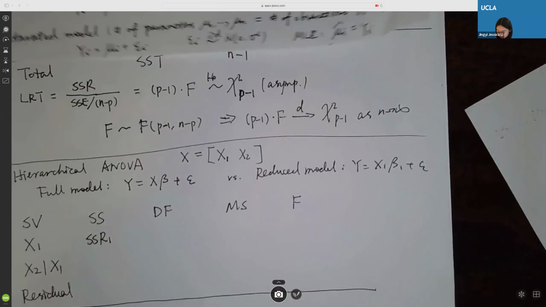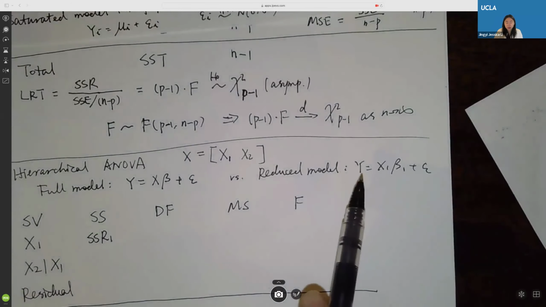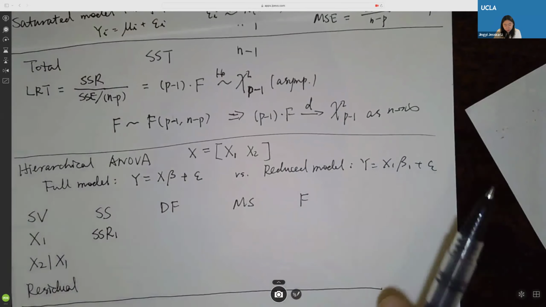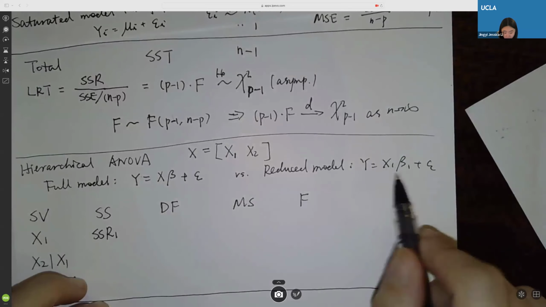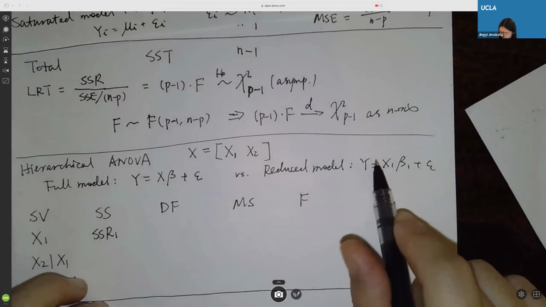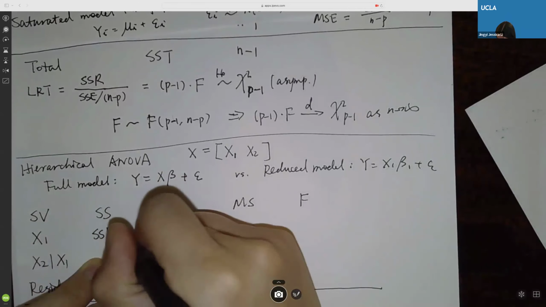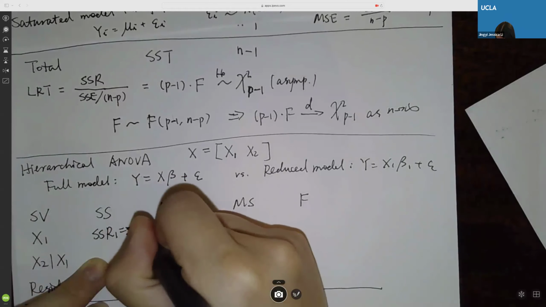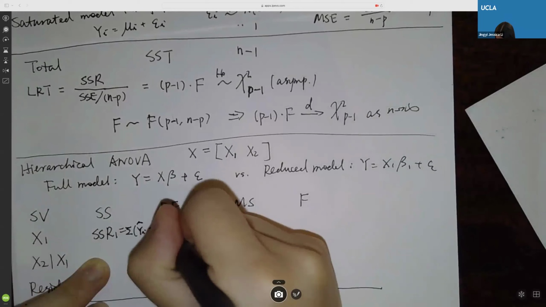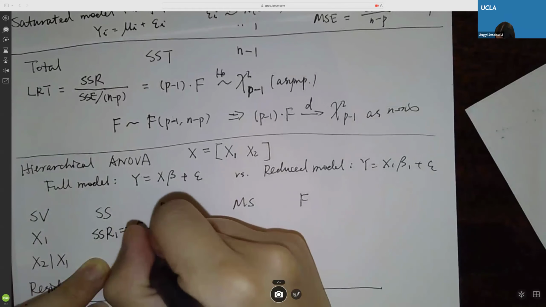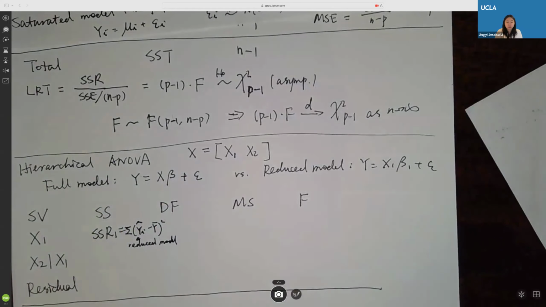If you say SSR1, it is based on the predicted values of the reduced model. So you use that to get your y hat and then compare it to y bar. I will write here the sum of y hat minus y bar squared, but this comes from fitting the reduced model, not the full model. This is SSR1.